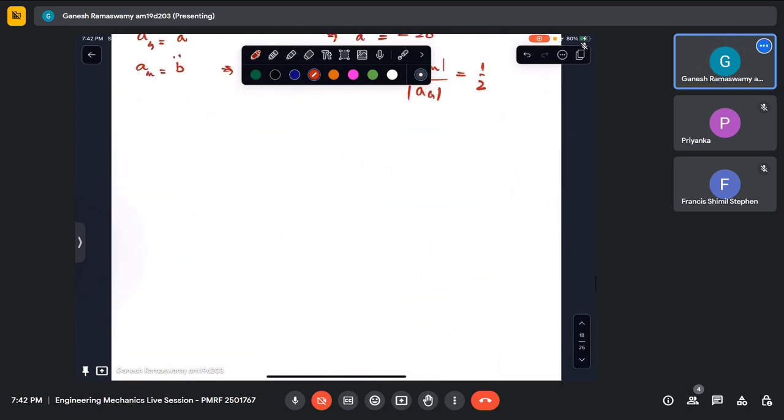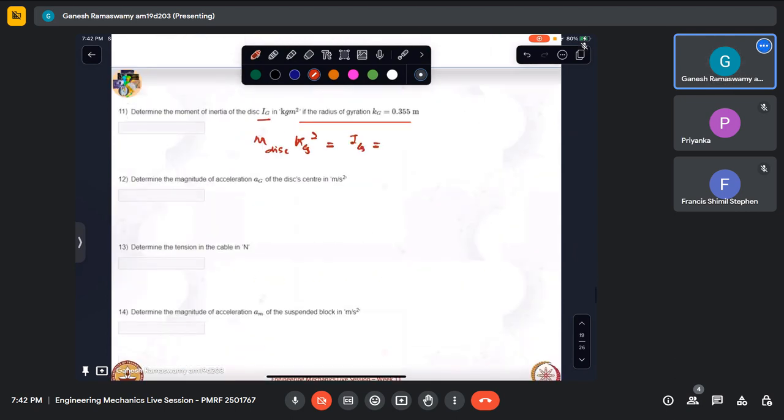So it is 6 into, where are we? Which is nothing but 2.13 kg meter squared.